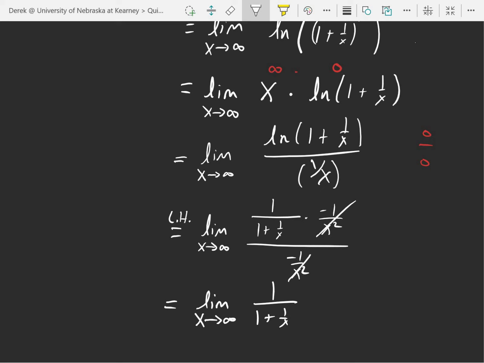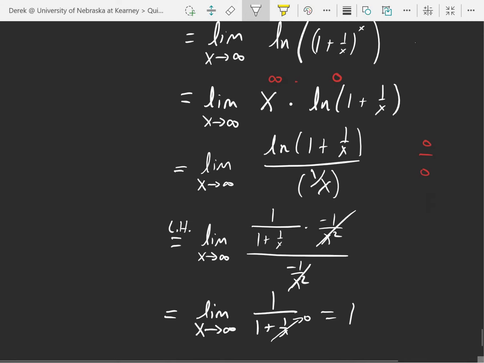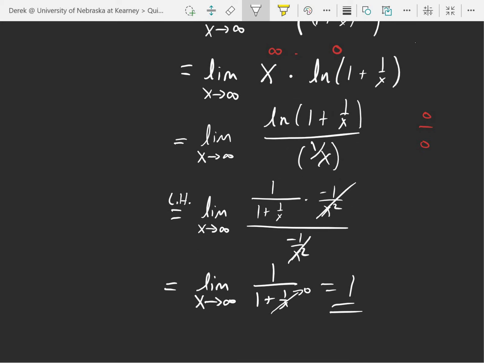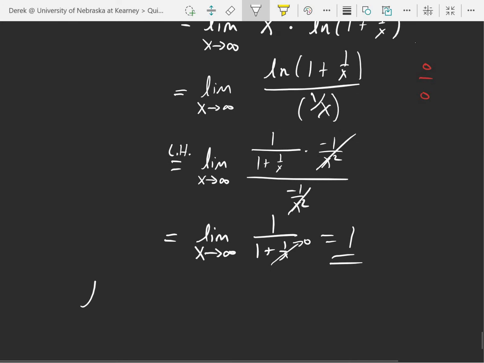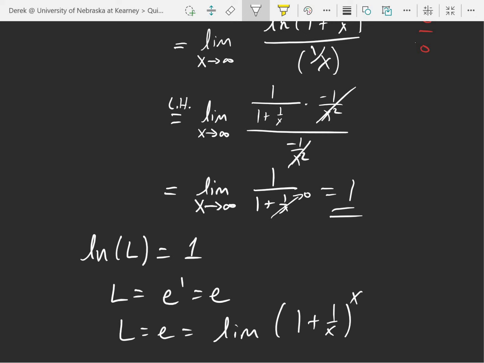As x goes to infinity, that goes to 0. This is equal to 1. Okay, so that tells me the natural log of L is equal to 1. We want to know what L is, so L equals e to the first, or just e. L equals e, which is the limit of (1 plus 1 over x) to the x.